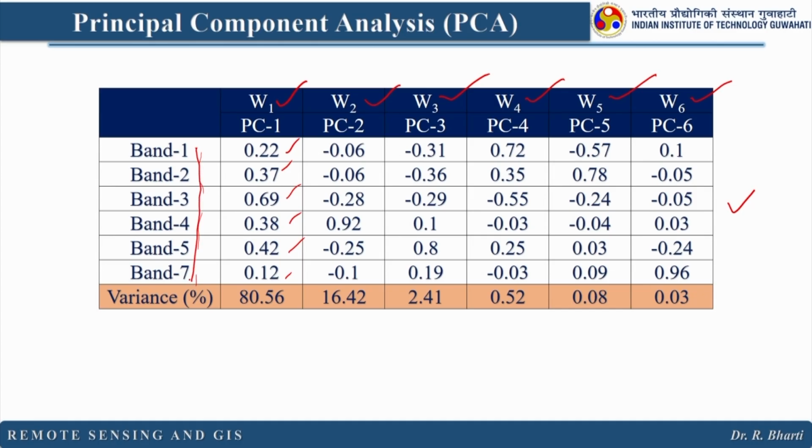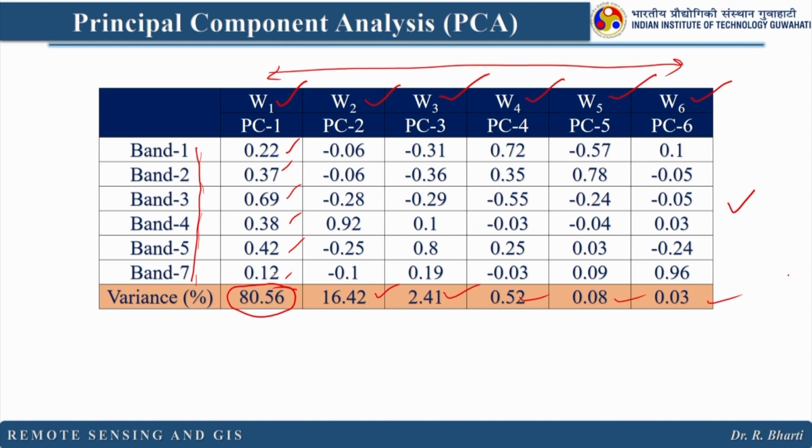If you want to calculate principal component 1, you can easily do so based on the eigenvalue and eigenvector. So what is the role of the eigenvalue here? If you see, this is the maximum, so the maximum eigenvalue will be ranked first. This complete matrix has been ordered based on eigenvalue, and this is the first PC, this is the second PC, then third, fourth, fifth, sixth.